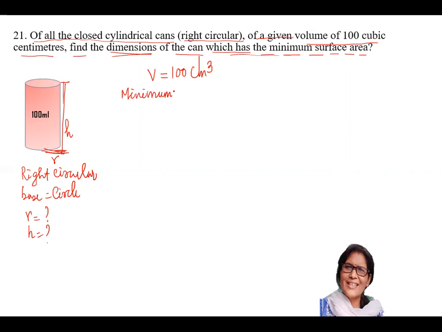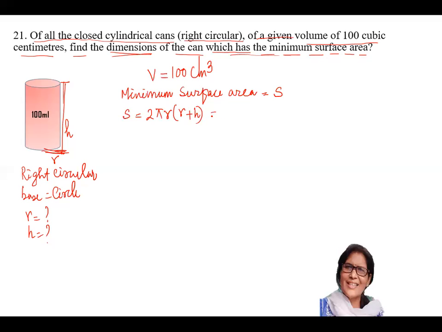As I also discussed in the last video, whenever it is not mentioned that it is curved surface area, you have to think that it is the total surface area, and I am denoting it by S. So S is equal to 2 pi r (r plus h), or h plus r.